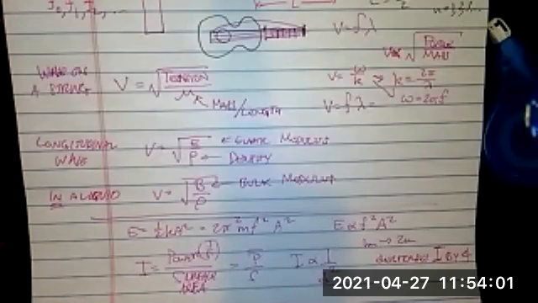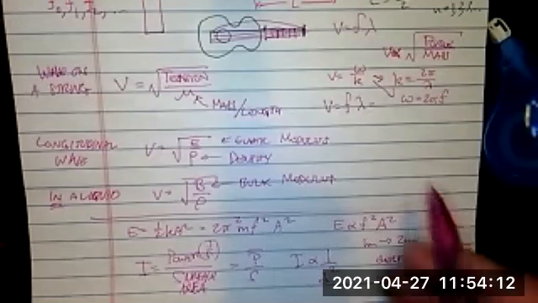And you can see like a left-going wave would be kx plus omega t, and a right traveling wave, one going in the positive direction, is kz minus omega t. So let me write that rule down just so everybody knows.